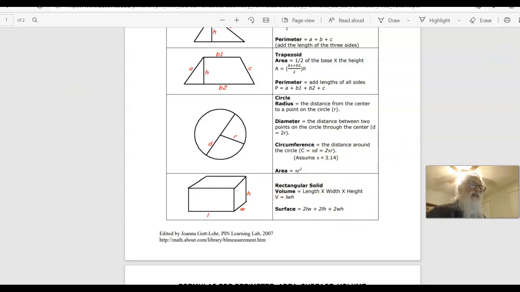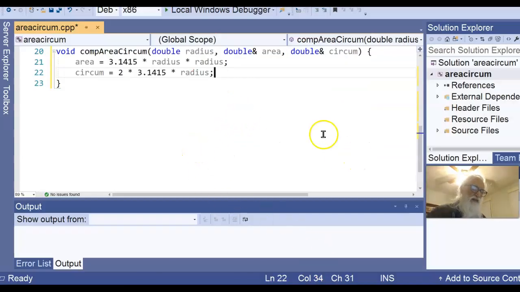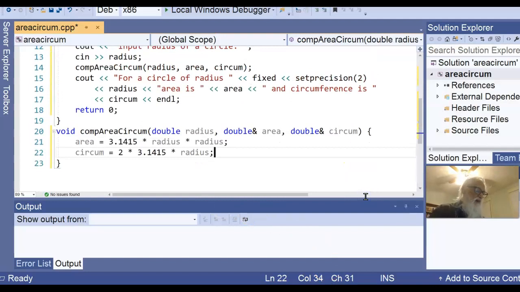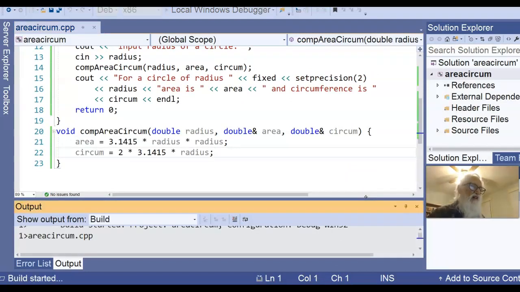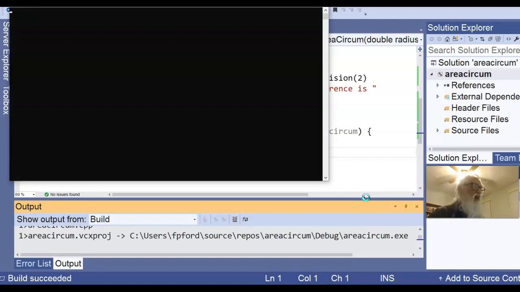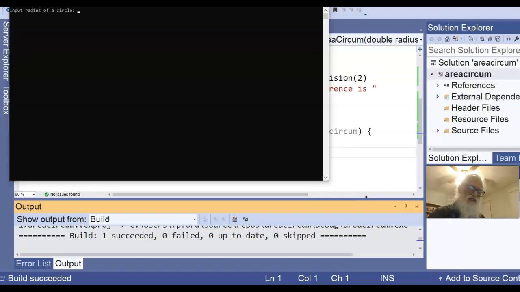Now, the next thing I want to do is run it. It's going to be okay, maybe, if I haven't made any typos. So let's see what happens. Let's try a simple one that we can figure out ourselves. I'll put in 2. Pi r squared should be 4 times about 3.1, so 12 point something or so.